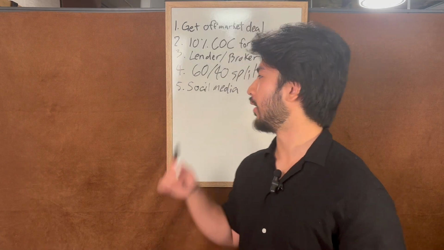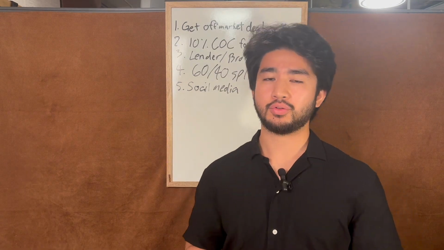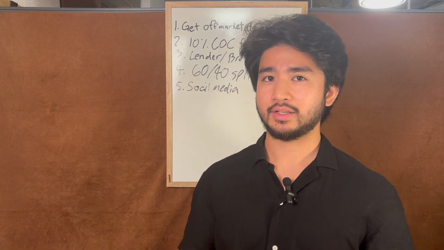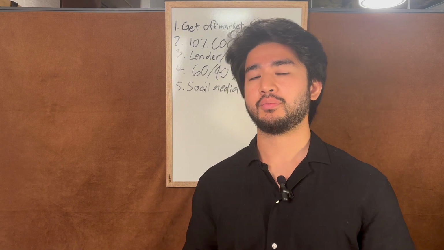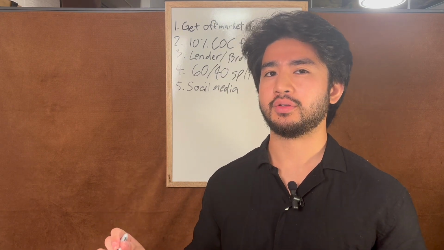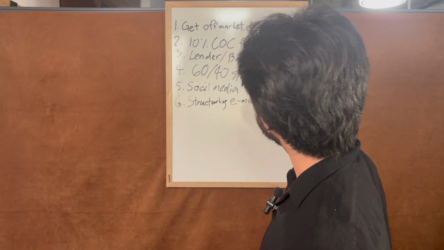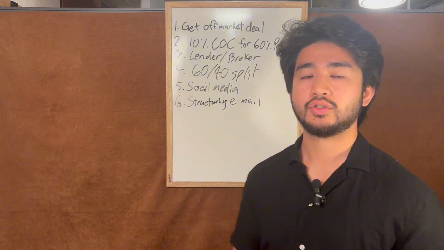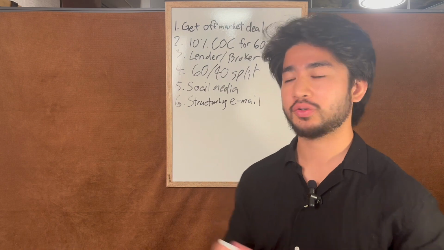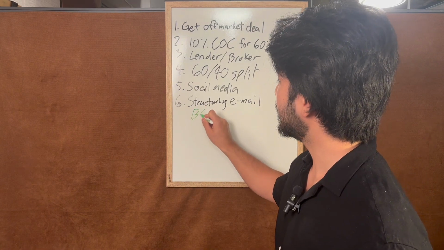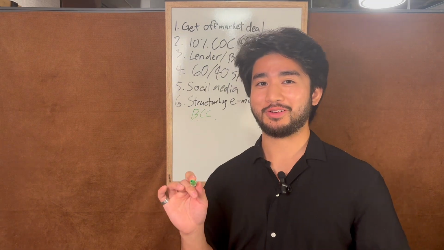So now you have an abundance of investors giving you their email or calling you, texting you. And of course, after you speak with them, they're going to want more information on the deal, even more information than what you posted, right? So what's next is structuring your email. When you send out your emails, you need to make sure that you BCC these people giving you their emails, okay?